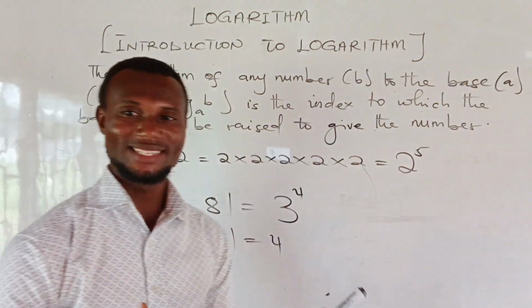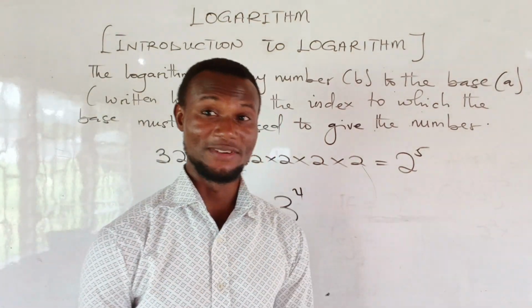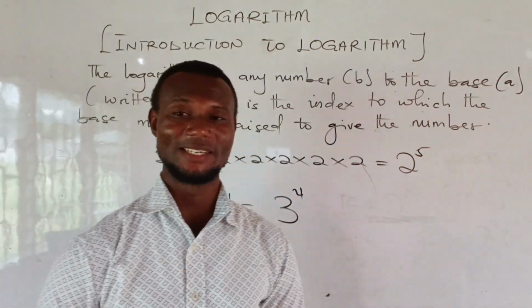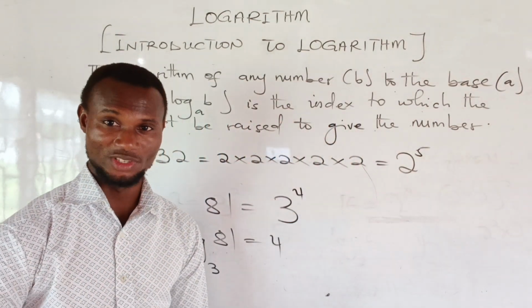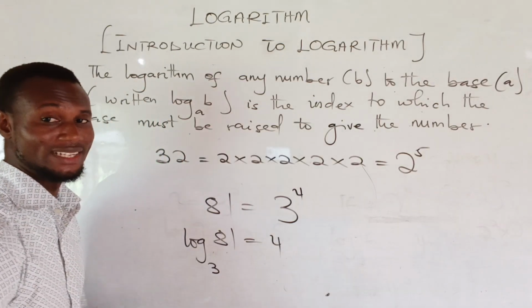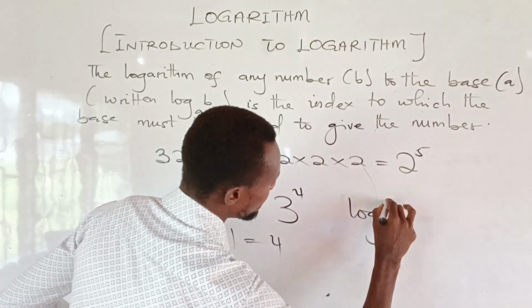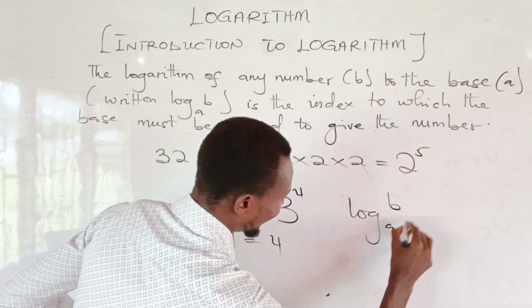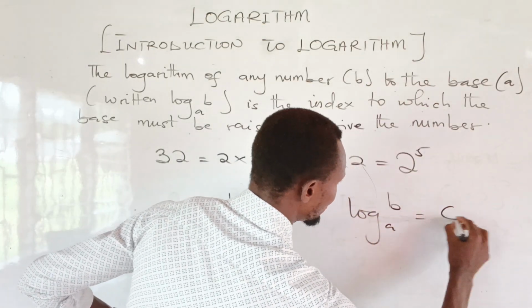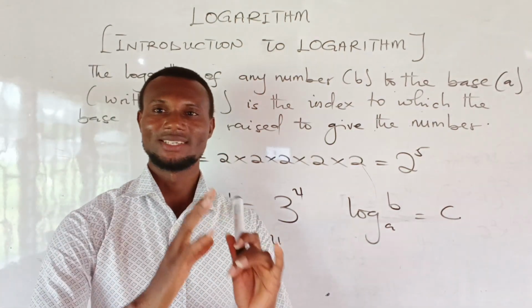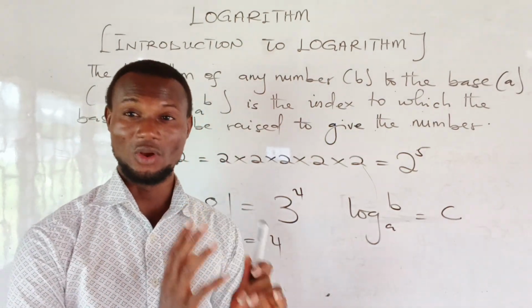So that is the definition for logarithm. I hope the explanation is clear enough up to this point. So it means that in general, when I have the log of b to the base a, it should be equal to c. Are you okay with it? So this is the definition of logarithm.